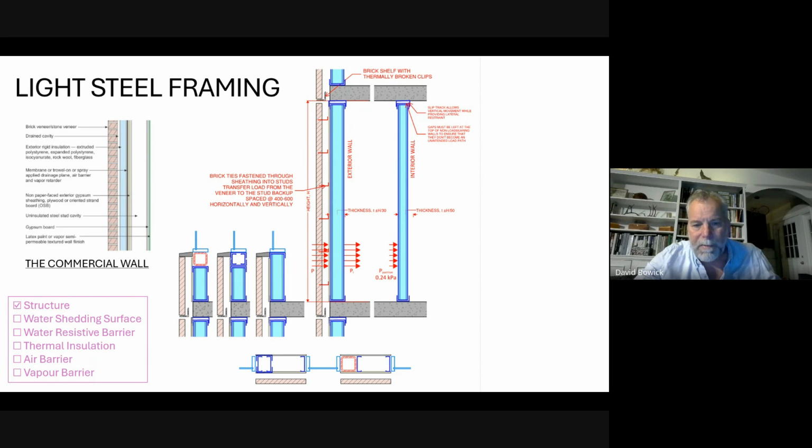Where the opening gets bigger, we might put a bond beam in, we might put a built-up section. And if it's bigger still, we might put some steel in.